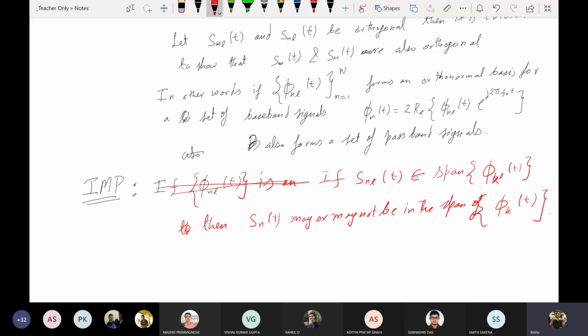Fine. So if a signal is in the span of the low pass equivalents, its band pass version may or may not be in the span of the band pass signals. Fine.